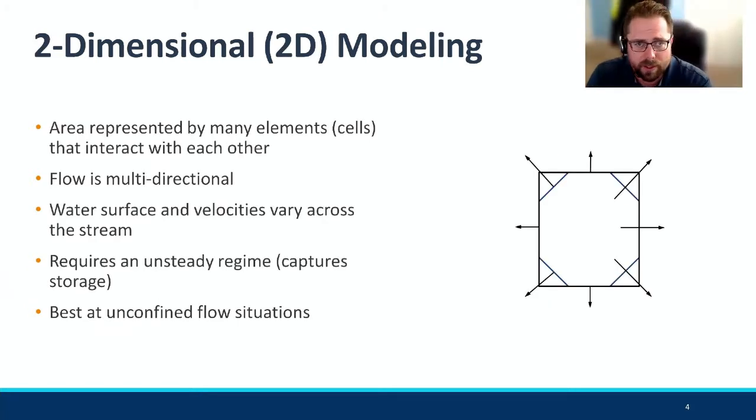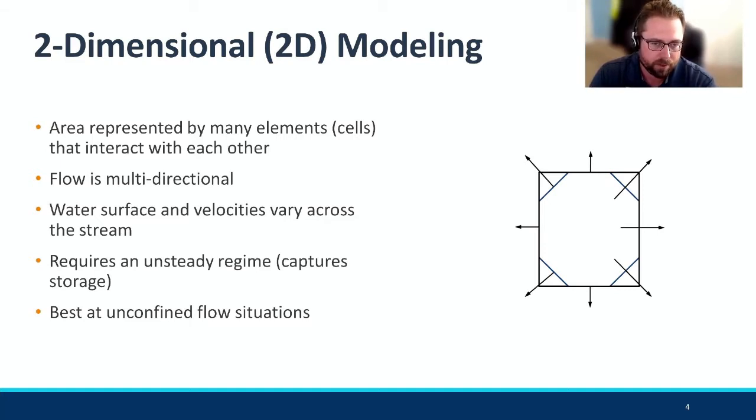A two-dimensional model is designed to capture the more complicated situations where you might have flow meandering around things or moving through an urban area, splitting at different streams or going around houses, or in a natural environment you might have lots of flow meanders or islands or split flows or things like that.